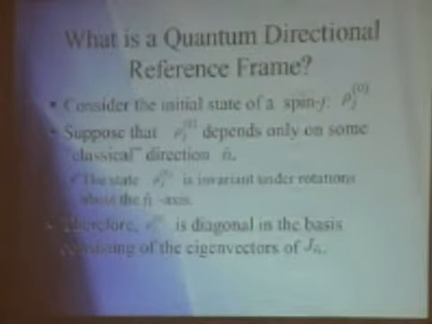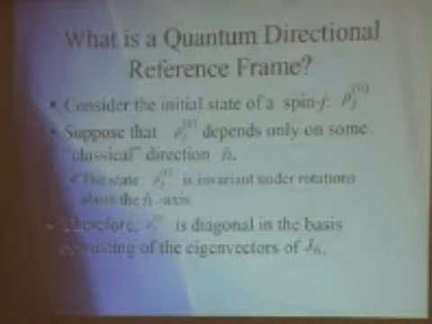Now, one of the properties that we want of a quantum reference frame is that it depends only on a certain direction in space. Let's call the direction in space n hat. Then, since the quantum reference frame only depends on the direction n hat, any rotation around n hat must not change that state, the density matrix.